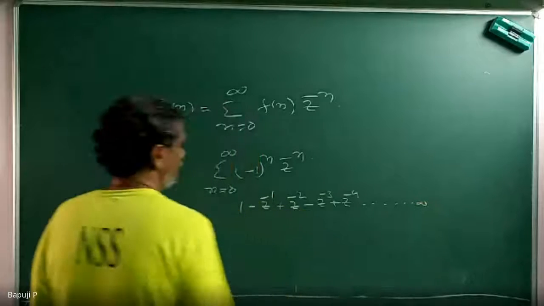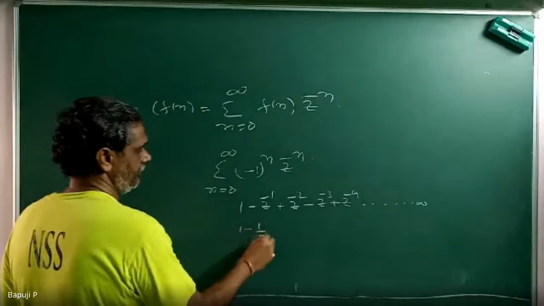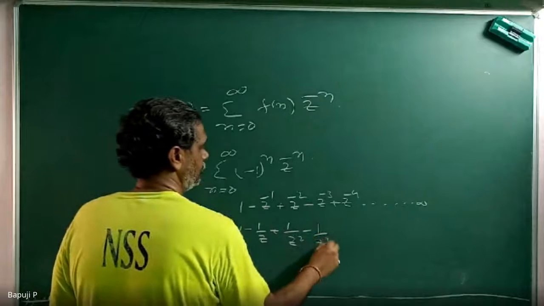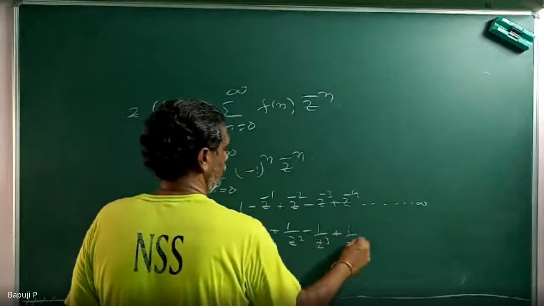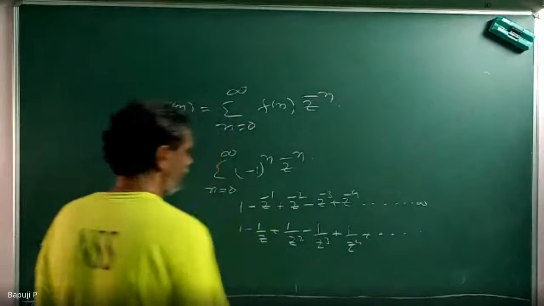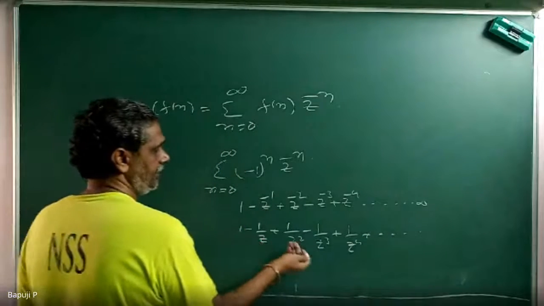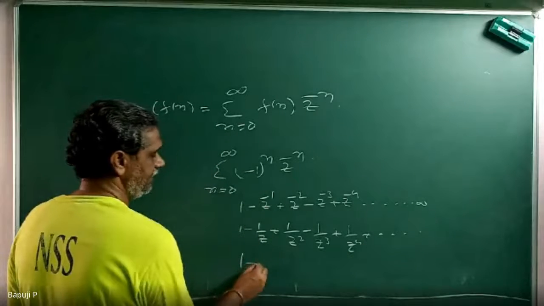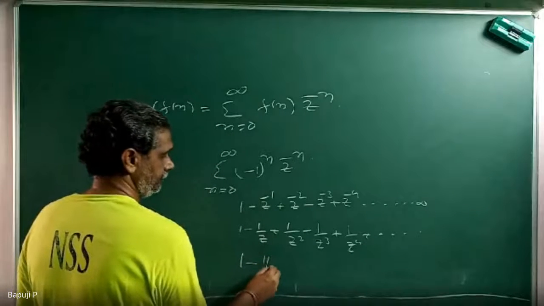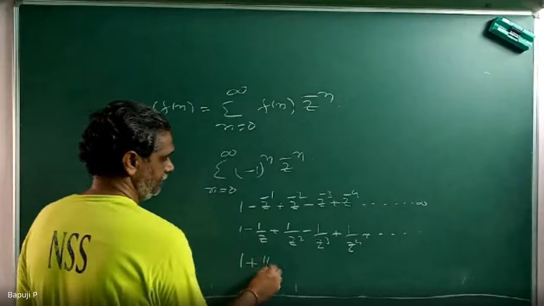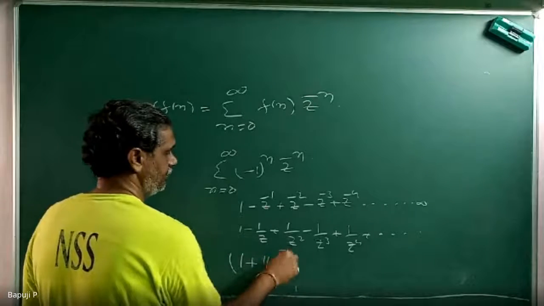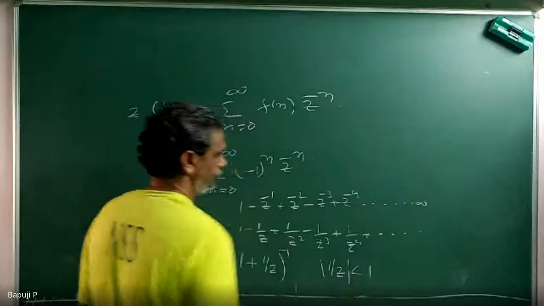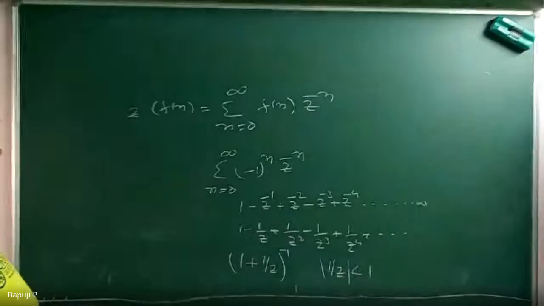So how can I write this? 1 minus 1 by z plus 1 by z square minus 1 by z cube plus 1 by z power 4, and so on. This is how it will appear: 1 minus x plus x square minus x cube. So this is 1 plus x whole power minus 1. So here 1 by z is less than 1. Region of convergence.